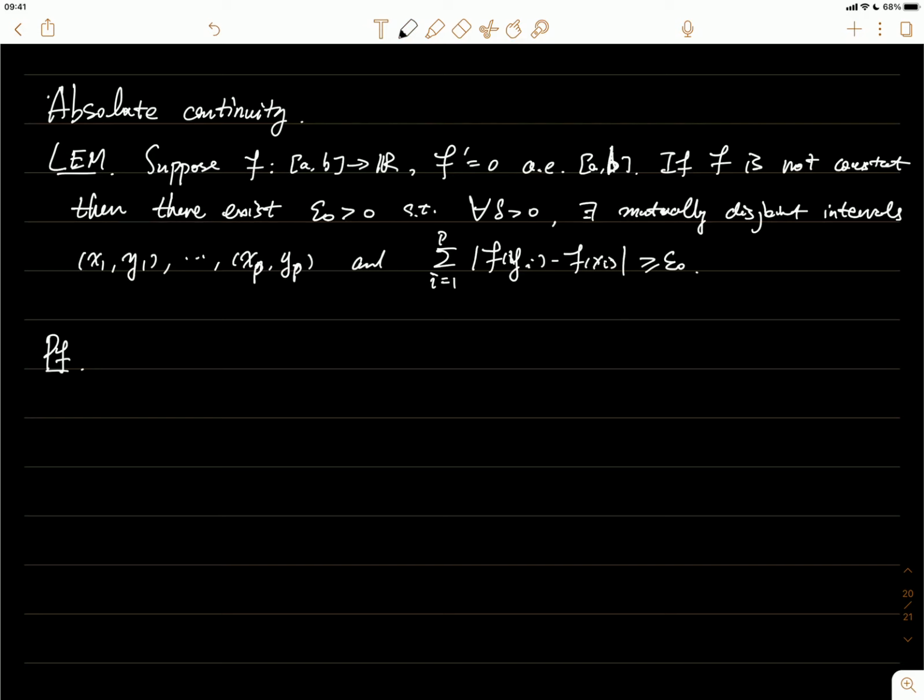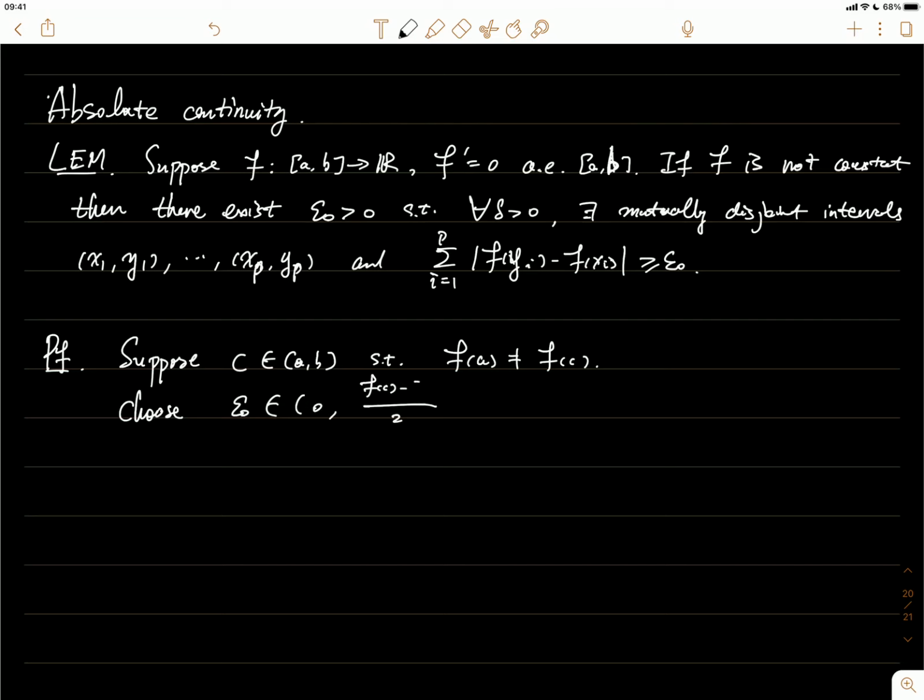Let's prove it. Suppose that C is between A and B, such that f of A is different from f of C. Because it's not constant, you can take at least 2 different values for some point C. Since we have this, we can choose epsilon 0 to be any number between 0 and half of |f(C) minus f(A)|.